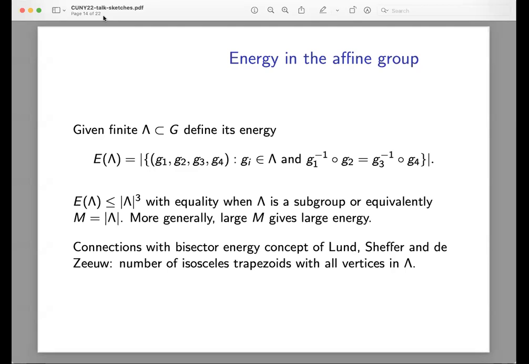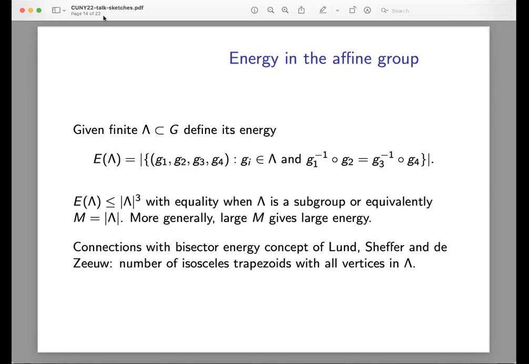So anyway, what we're counting is the number of quadruples G1, G2, G3, G4, all elements of this set of transformations, such that G1 inverse composed with G2 equals G3 inverse composed with G4. So what is the trivial upper bound of this quantity? If you are given G1, G2, and G3, there is a unique G4 in the affine group that satisfies this property.